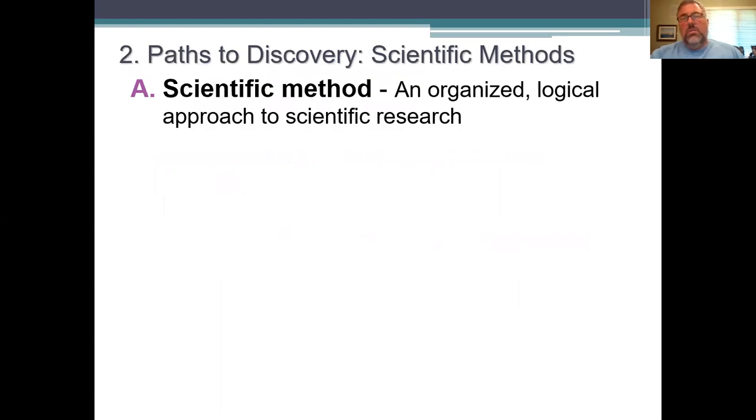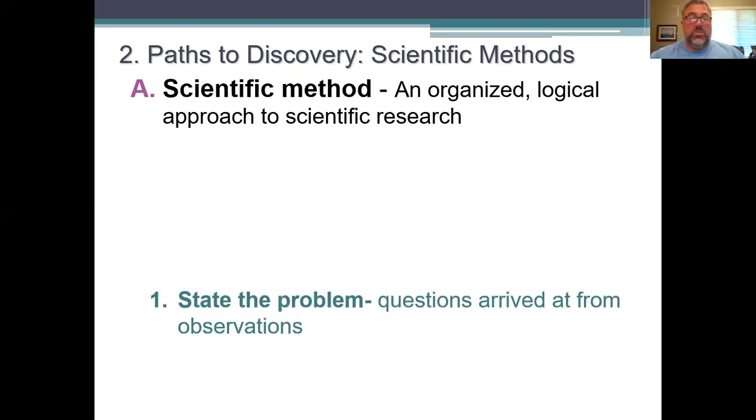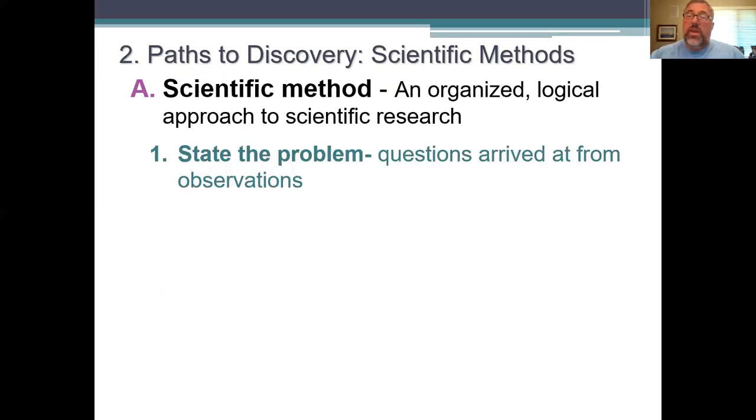All right. So when we talk about the scientific method, basically, this is a way for us to organize scientific research. It's logical, it's organized, and it allows us to get the information to people so people can have a dialogue. It's a way of coming to conclusions and answers and building on other people's research. And so the first thing that we really have to do is state the problem, right? So what is it that we want to look at?